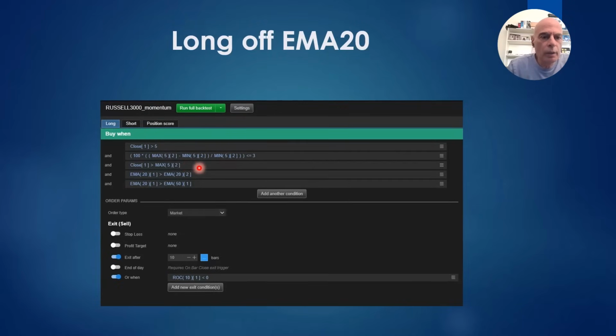We want the EMA 20 yesterday to be above the EMA 20 of the day before yesterday. So basically we have an ascending EMA. And lastly, we want the 20-day EMA to be above the 50-day EMA.